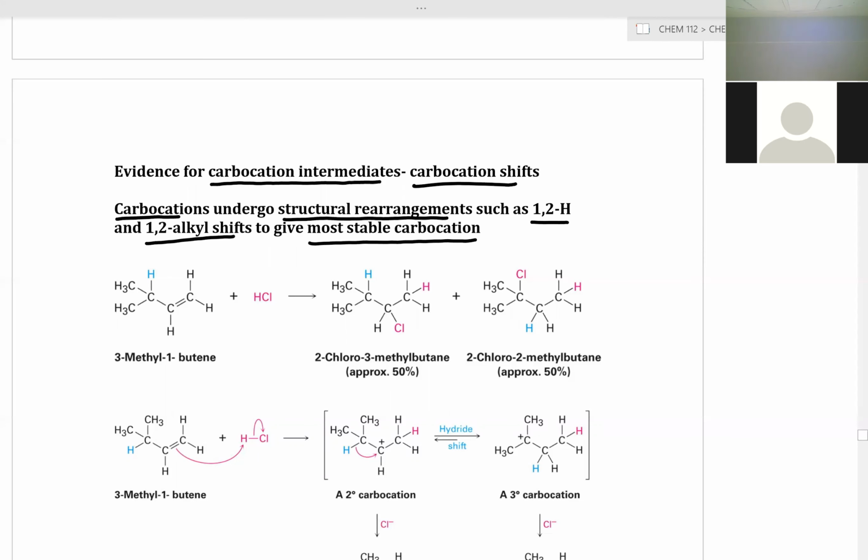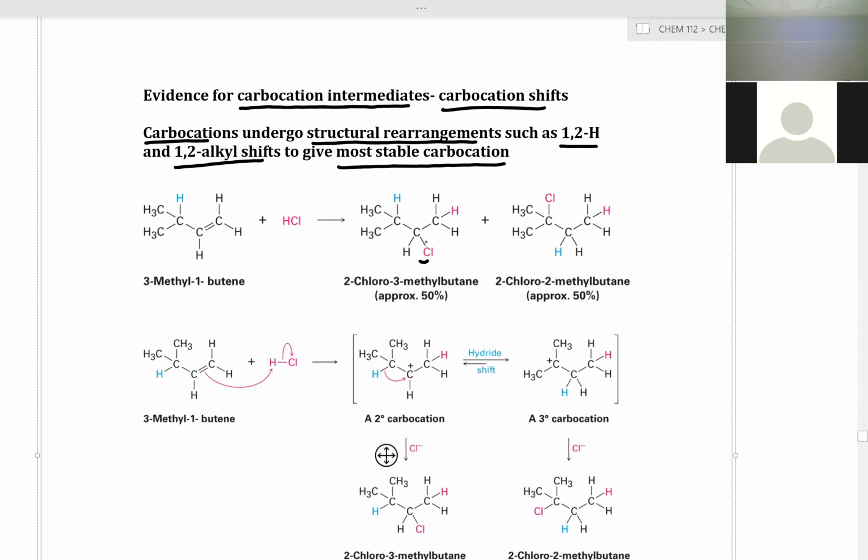In this case, we observe chlorination at both the secondary position and a tertiary position. Notice how our alkene is not at both sites of chlorination.